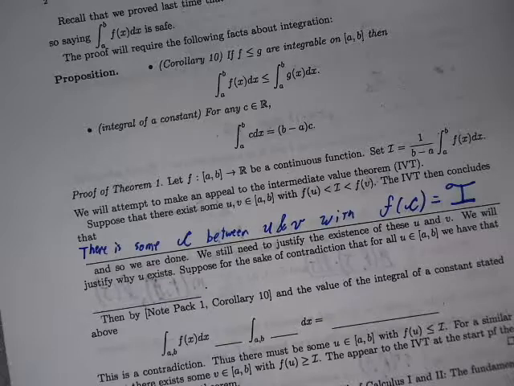The theorem claims that there exists some number c between a and b with f of c equal to this thing that I called I. So this is the c that I want. Is it clear why that c should be in the open interval from a to b?